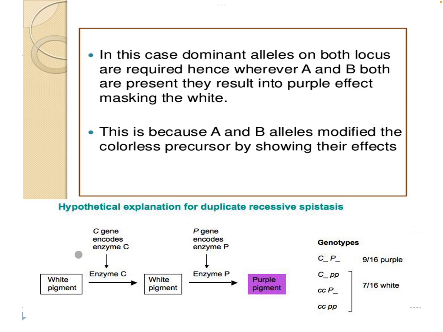This is just a hypothetical explanation: the white pigment will be converted to another white pigment via the enzyme Z, which is coded by the C gene. And then this white pigment will be converted into purple pigment via the enzyme P, which is coded by the P gene. So you will produce a 9:7 ratio: 9 purple and 7 white.